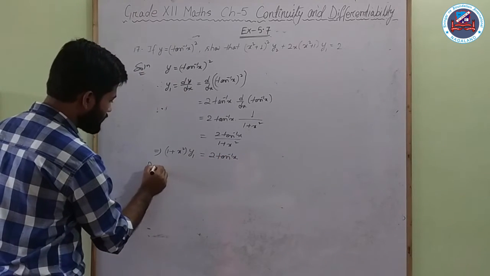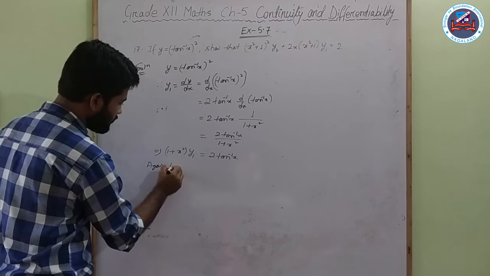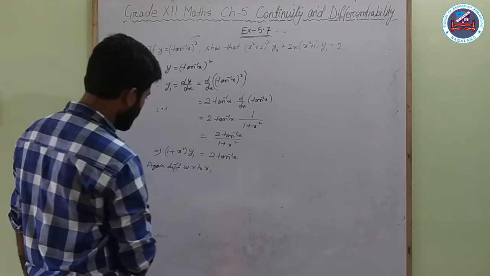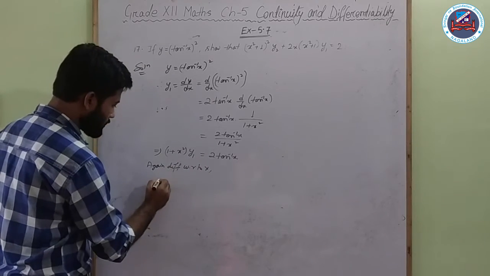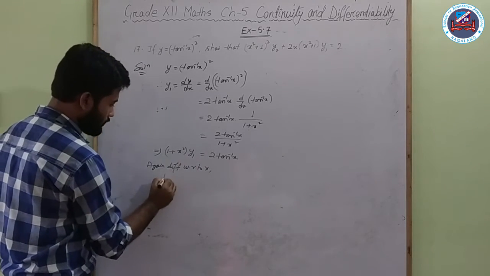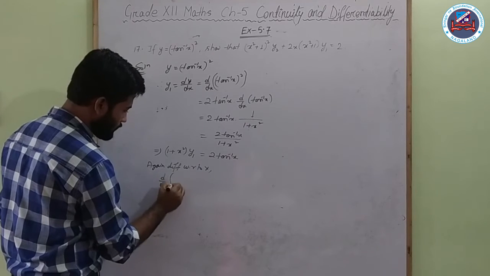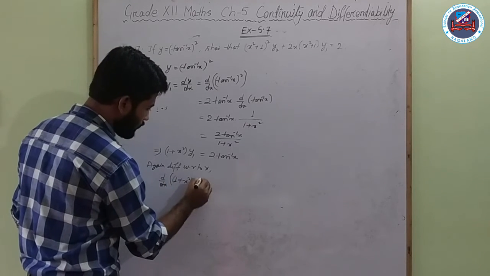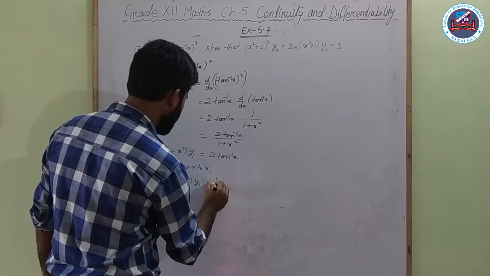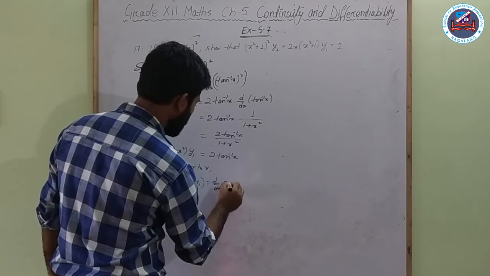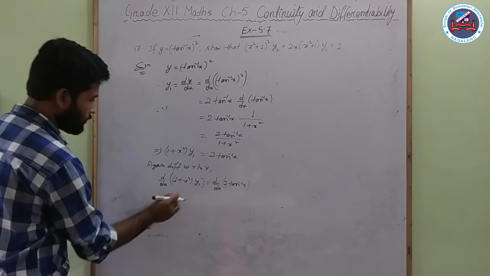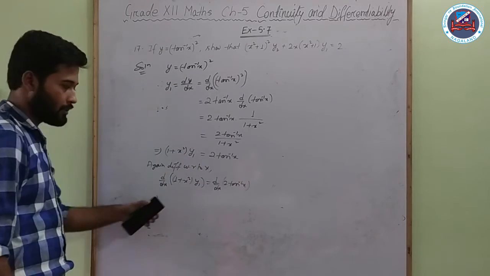Now, again differentiating with respect to x, differentiate the whole thing with respect to x. Let me write it once. d/dx of 1 plus x squared into y1 is equal to d/dx of twice tan inverse x. So this will act as a product function here.